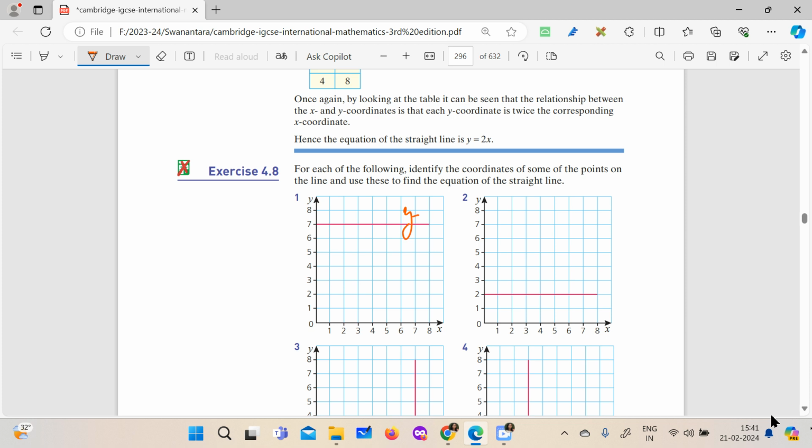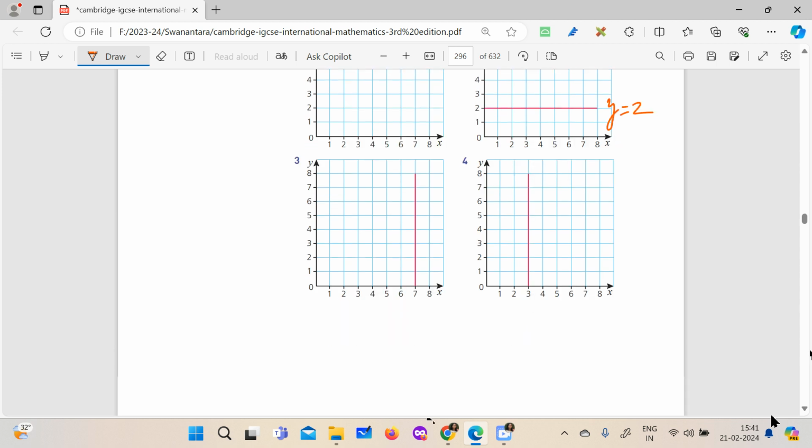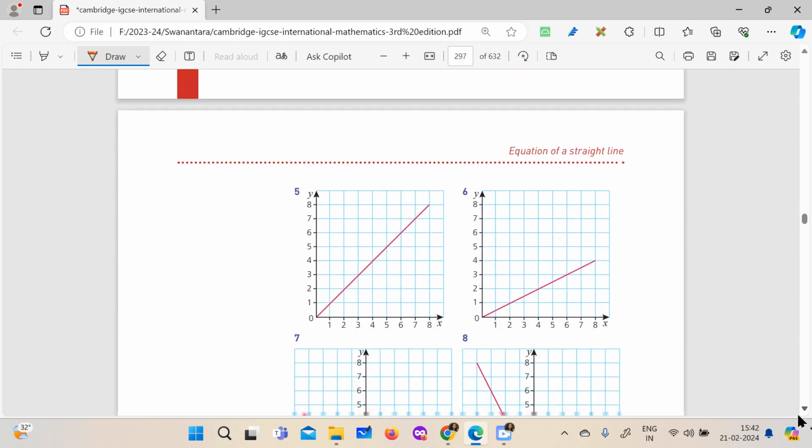Very good. Y is equal to 7. What about this? Y is equal to 2. Superb. Very good. What about this? X is equal to 7. Carefully. X is equal to 7. What about this? X is equal to 3. Superb. Very good.